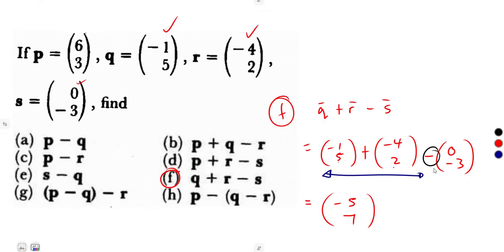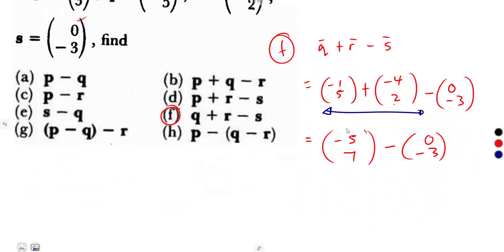There is a subtraction that we ignored. So consider now subtracting that vector of what? 0, minus 3. So subtracting this vector from the first one, what are we going to have? Minus 5 minus a 0. There's no effect there. What are we subtracting from a negative 5? Nothing.